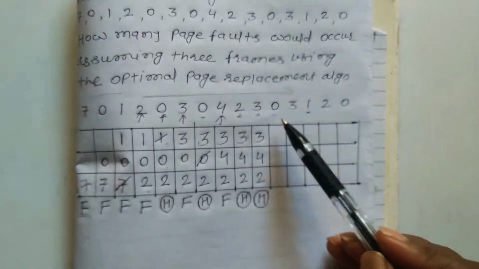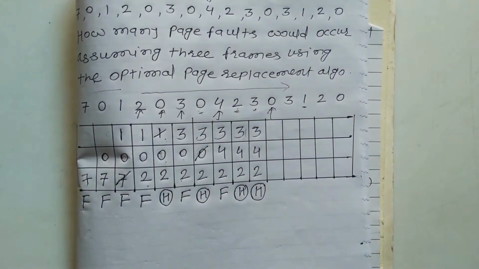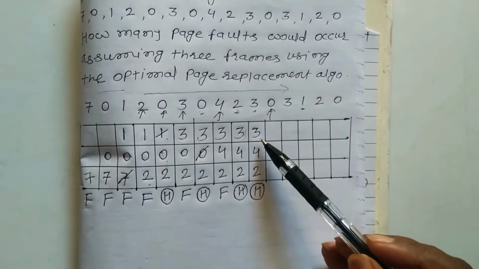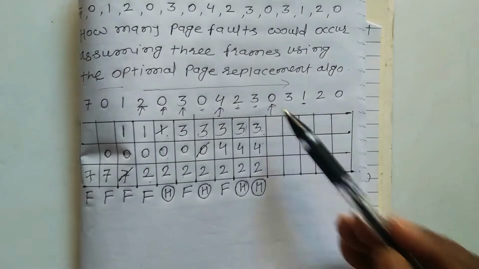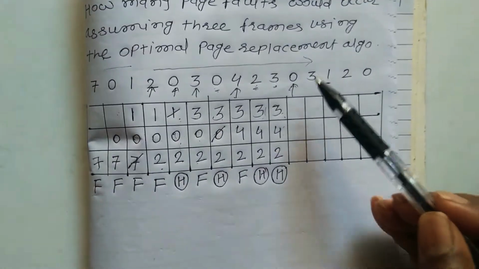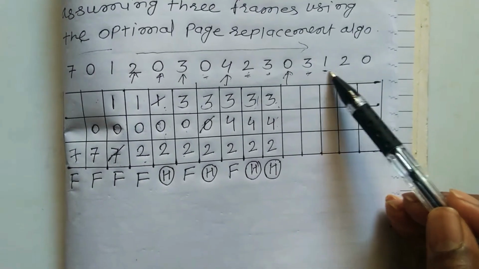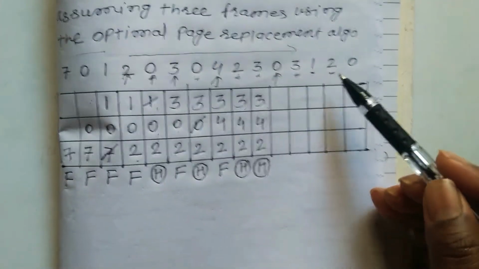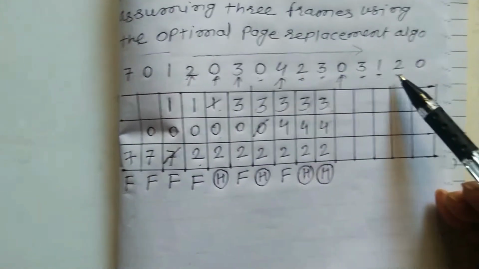Now the next page I want to place in the main memory is 0. And to place this 0 in the main memory, I have to compare these 3 pages to find which is farthest from this 0. See the position of this 3, that is near to 0. Then 4 is not there in the string, and 2 is a little bit far as compared to the 3.